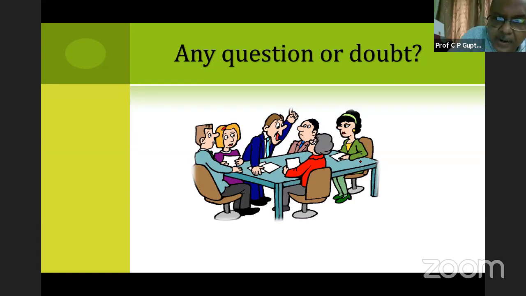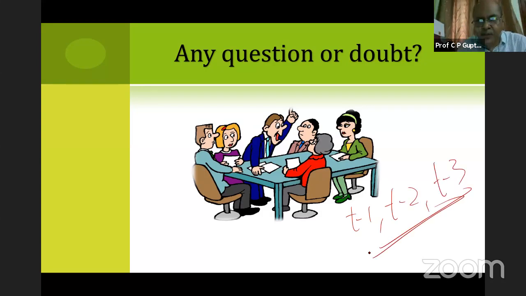If you take a lag of 3, no issue. You can have t minus 1, t minus 2, t minus 3. You can take as many lags as you wish, but taking too many lags will make your model very complicated. So be careful, make your model as simple as possible.